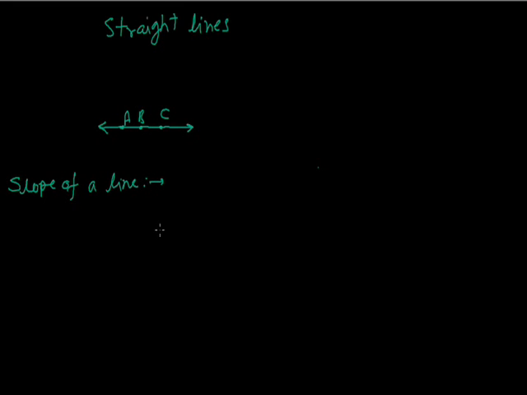So the definition of slope of a line: suppose this is the x-axis, this is the y-axis, and a line like this. This line makes an angle theta with the positive direction of x-axis.